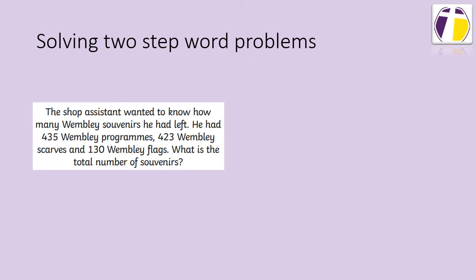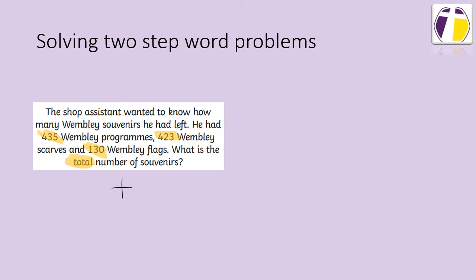Well, I need to highlight to start off with my key numbers and key vocabulary as part of this question. So 423, 435 and 130 are key vocab in this question. And also, this is very important, because this tells me that my calculation is going to be an addition.